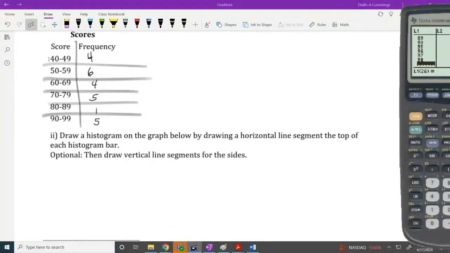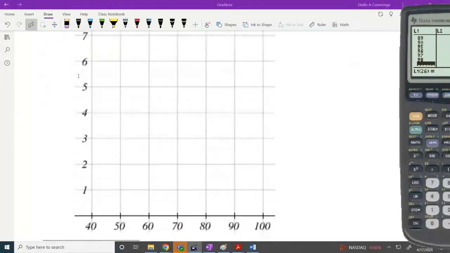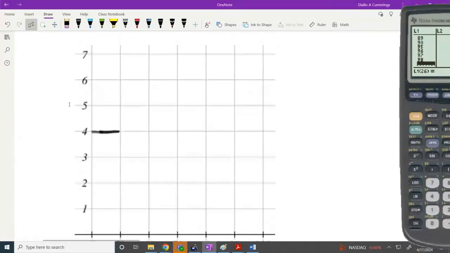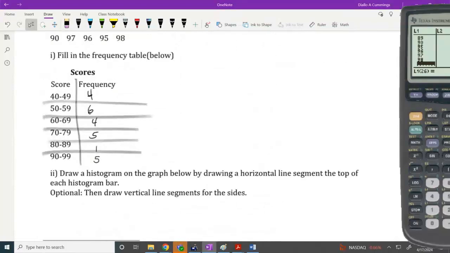So what that means is for the class range 40 to 49, the frequency is 4. So if you look here, this is 40 through 50, right? I'm going to go up to 4 and just draw a horizontal line.